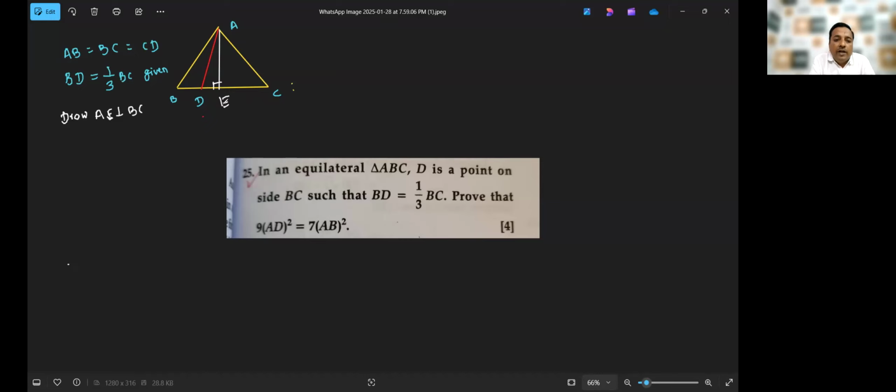So students, in equilateral triangle whatever the perpendicular drawn वो perpendicular ही median भी होती है. So therefore BE is equal to half of BC.